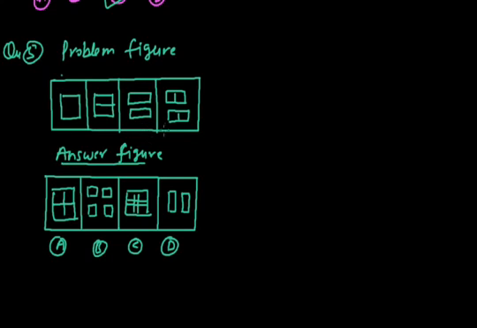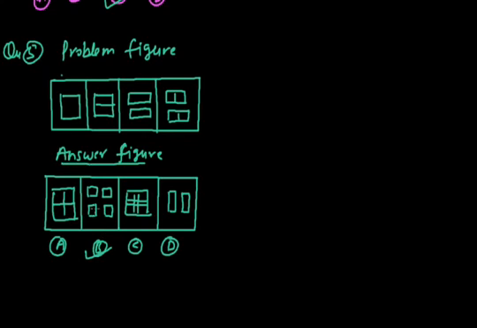Next in third to fourth there is a vertical line dividing both the rectangles. So in the next figure these figures are separated. So option B is the correct answer.